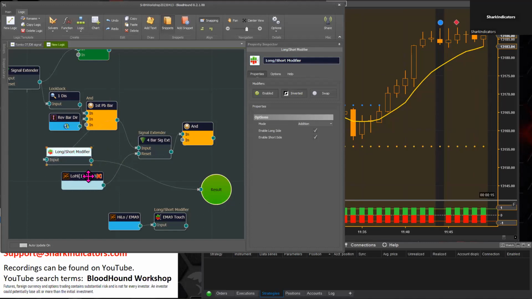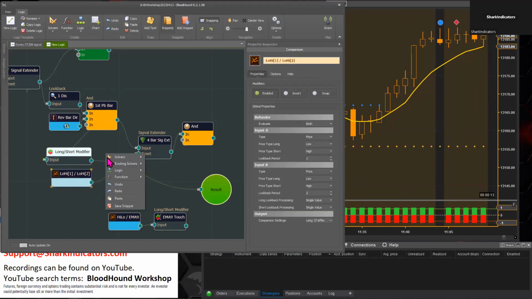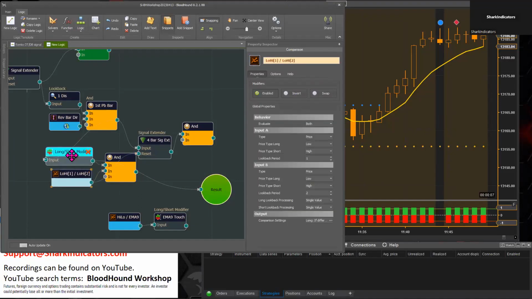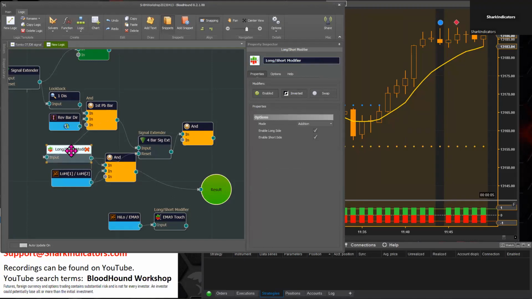So I can combine this using an AND node. I can combine my reset with basically this function node has become kind of like a permissive here. And it's saying, okay, you don't have the permission to reset on the first pullback bar, right? There's no output on that first pullback bar.